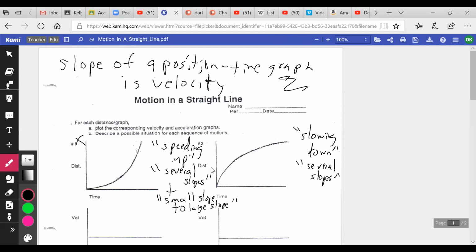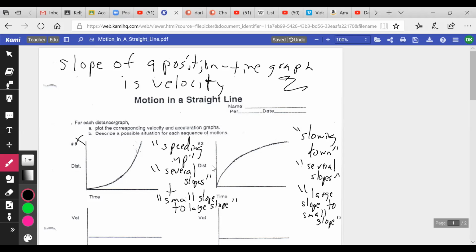Over here, the slopes go from large slope to small slope. The opposite. We're slowing down to a stop eventually. Here we're getting faster and faster, and it's just growing towards infinity until an outside force comes in, like your brakes.